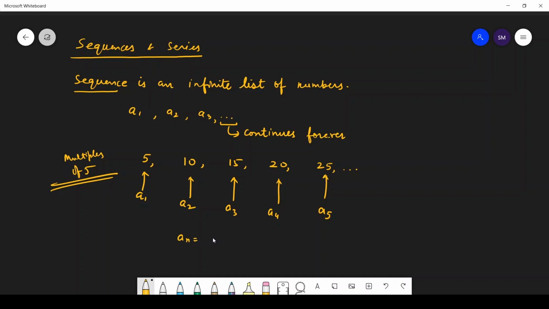In a very simple way, I am asking you to write the formula for this sequence. This is 5 multiplied by 1, this is 5 multiplied by 2, this is 5 multiplied by 3, this is 5 multiplied by 4, this is 5 multiplied by 5. So what can be the formula?